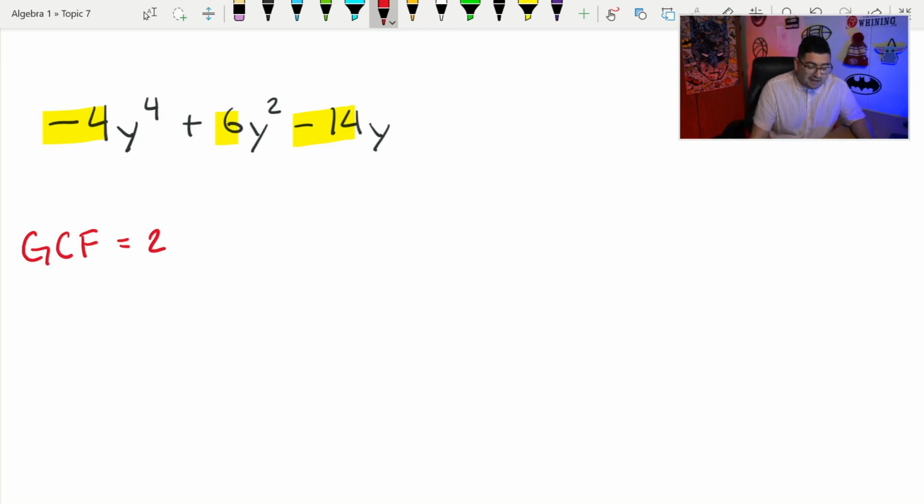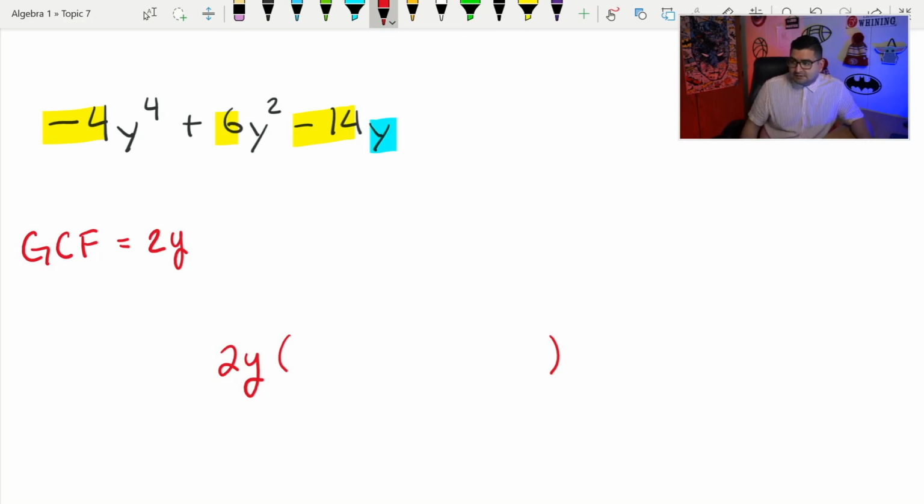Do they all have a y? They sure do. But what's the smallest y? Well, that is this one. So I can only use one y in my greatest common factor. So I want to factor out a 2y from that whole thing. And you can set it up like we did in that last example.